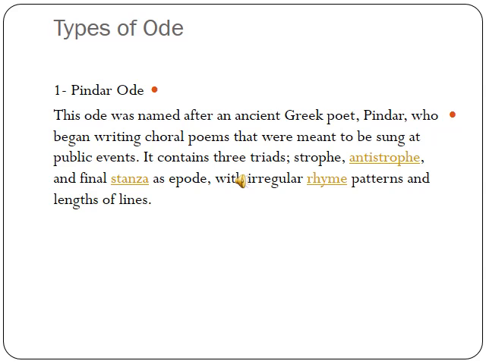So for Pindaric ode, when you face such a question, you can summarize it like that: it's sung at a public event, and it also includes irregular rhyme patterns. Okay, that's the idea.